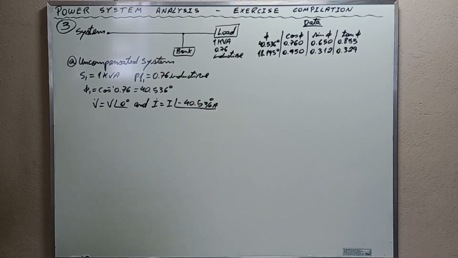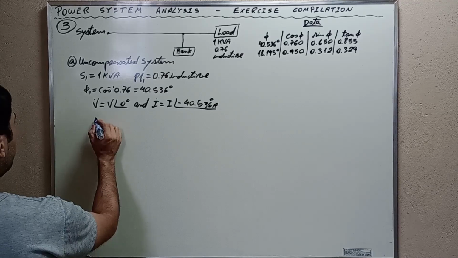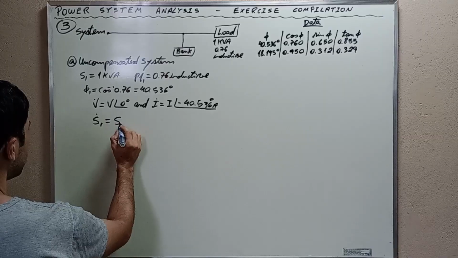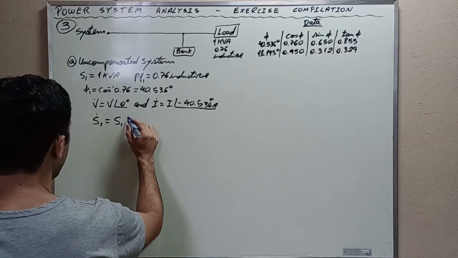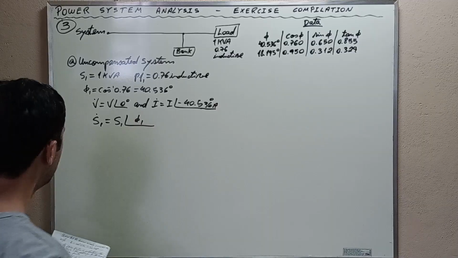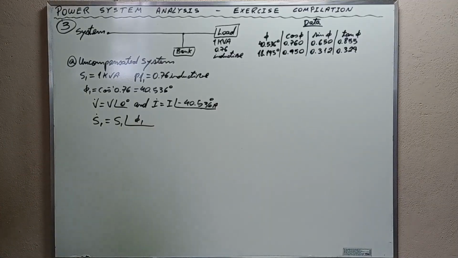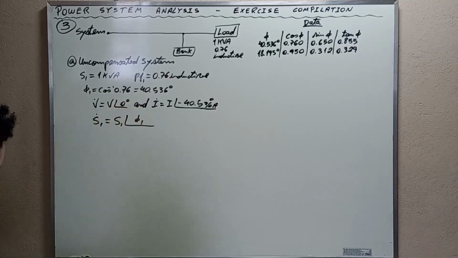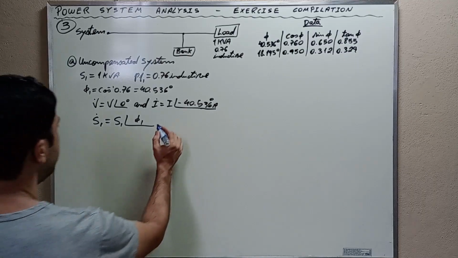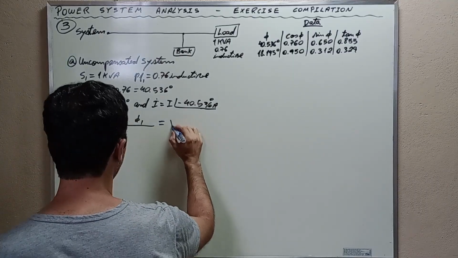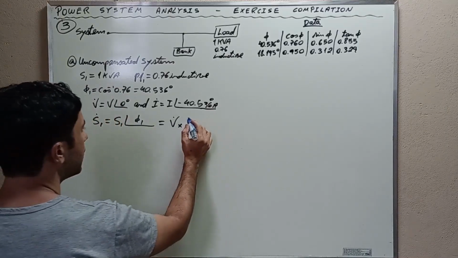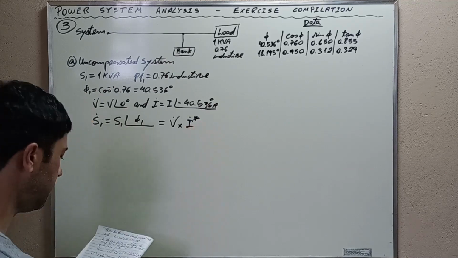The complex power S is equal to S1 phase phi 1. Okay, and we already know phi 1. Phi 1 is the angle of the power factor. In other words, this can be calculated as the voltage phasor times the complex conjugate of the current phasor, okay?